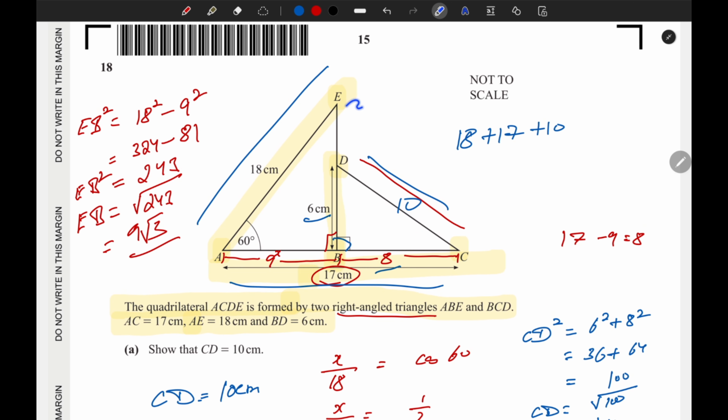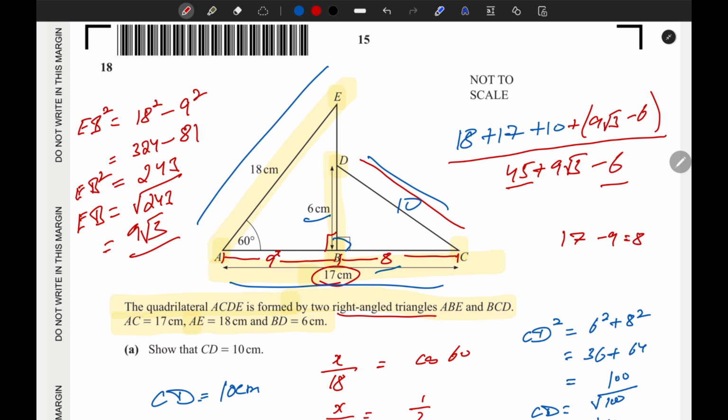So what is ED? We have to find ED. ED is EB minus this thing DB. So that will be plus 9 root 3 but minus 6. Now we have to add all of them. This is an easy thing. First of all, 18 plus 17, that you can add. 35 plus 10 is 45, plus 9 root 3 minus 6.